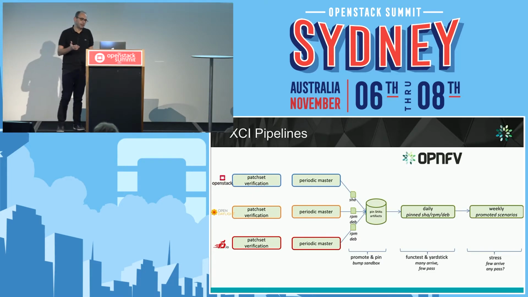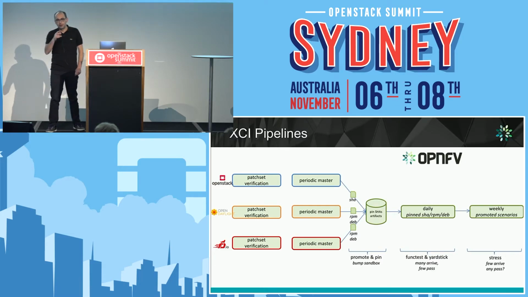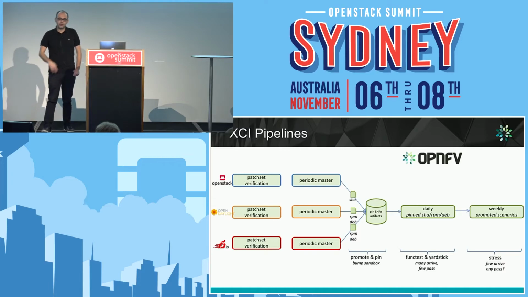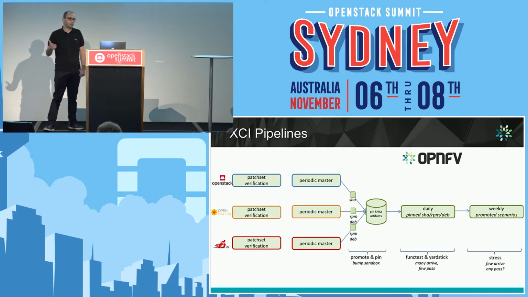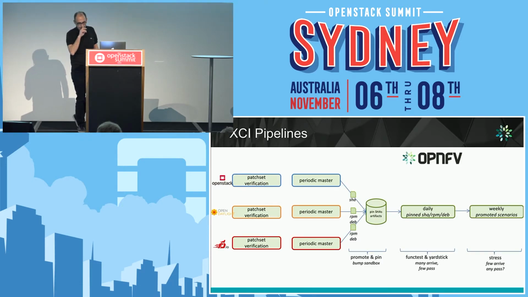Here we basically do some kind of promotion from your master branches to OPNFV master. Once we put this composed platform on bare metal as part of our daily loops, we run functional testing and Yardstick, which is today's OPNFV release criteria. We try to find a working version of this composed platform using your latest versions. And our expectation is that many will arrive here and few will pass from our daily loops.